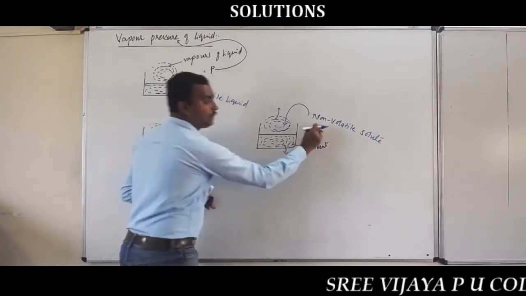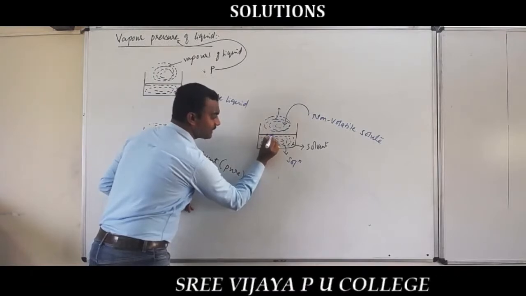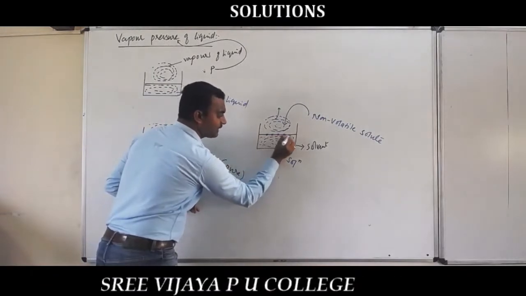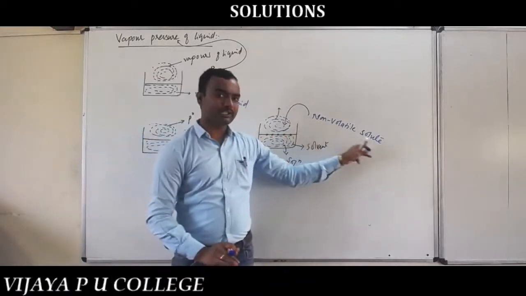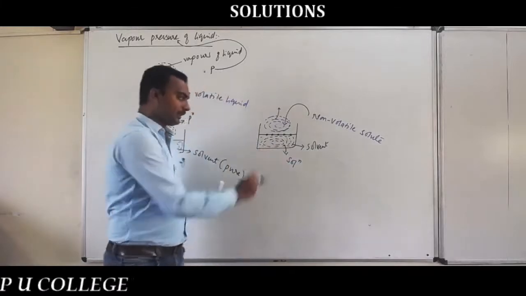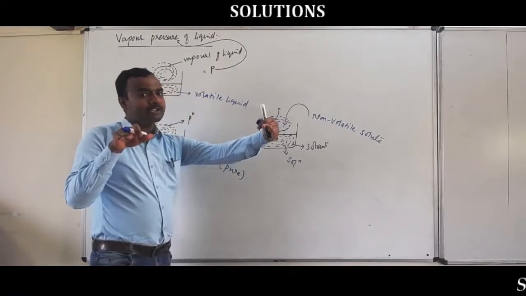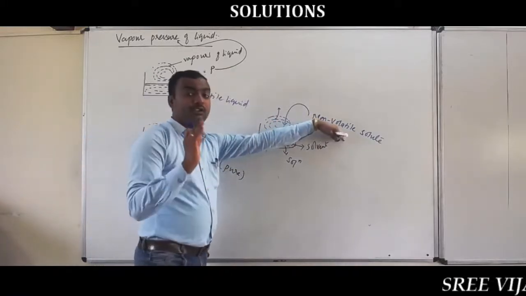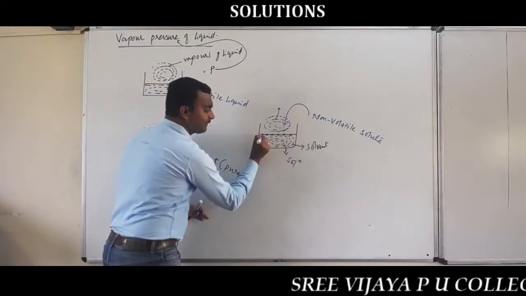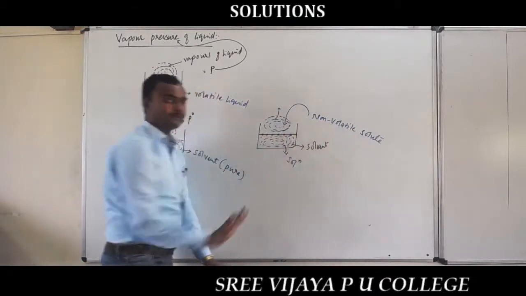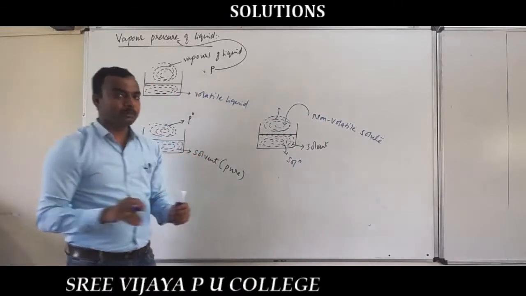At the same time, non-volatile solute molecules replace some solvent molecules present on the surface. The many dots here are taken as non-volatile solute. In the solvent surface, there are only solvent molecules. When we add non-volatile solute, it replaces some solvent molecules on the surface and occupies some of it.